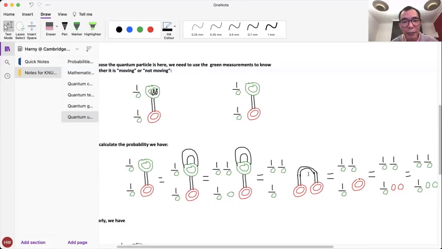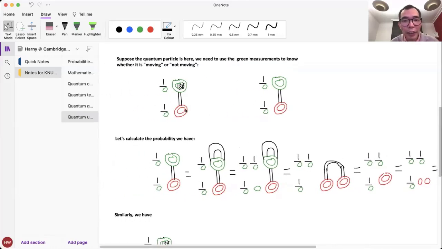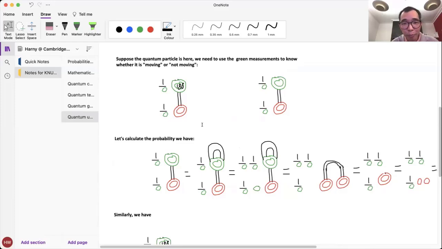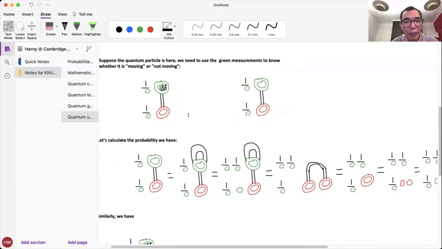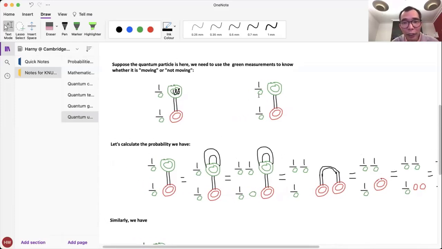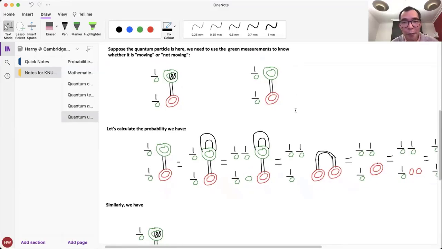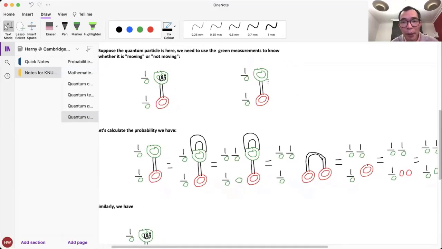So that means, if we measure this state, this particle, which is here, the state is here. So we use the not-moving effect to measure it.